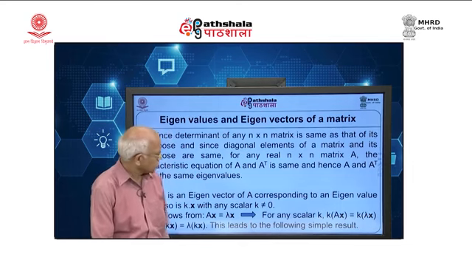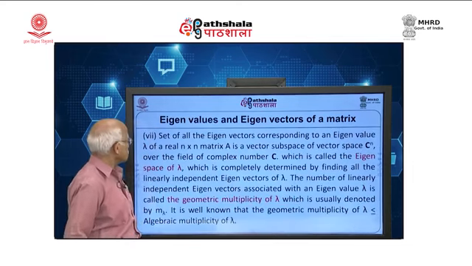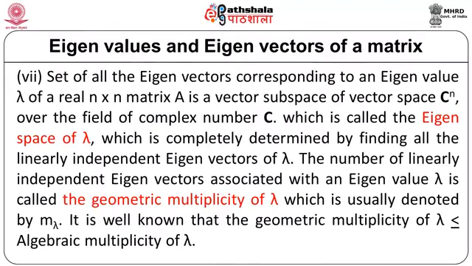So this will mean that k x bar is also an eigenvector of A corresponding to the eigenvalue lambda. This leads to a very simple result: every multiple of an eigenvector is again an eigenvector. Therefore, the set of all eigenvectors corresponding to an eigenvalue lambda of a real n cross n matrix A is a vector subspace of the vector space C n over the field of complex numbers C, which is called the eigenspace of lambda.